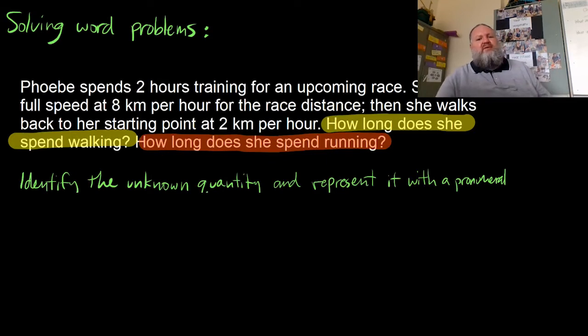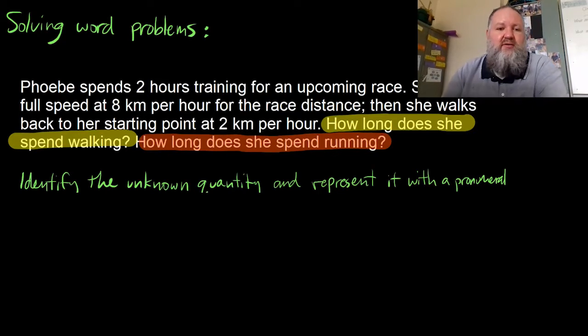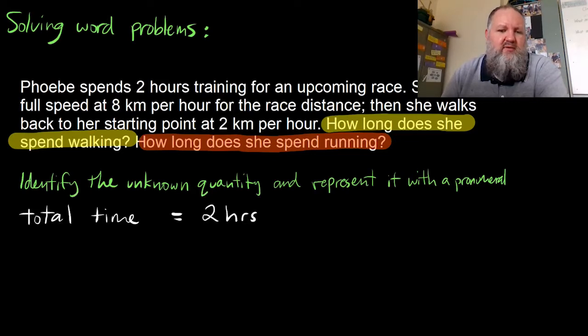So what would be an appropriate thing to determine here for our unknown? Well, we know that the total time that she spent training was 2 hours. We have that information up in this area here.